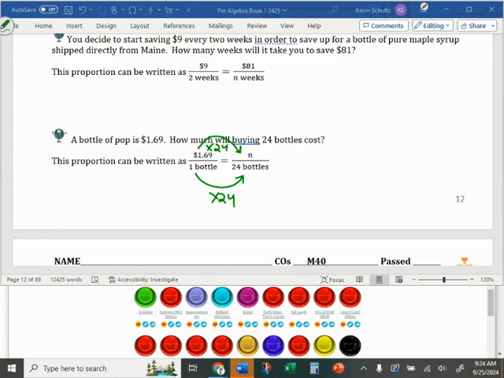And what is $1.69 times 24? $40.56. Well worth it, I am sure, for a mouthful of sugar.